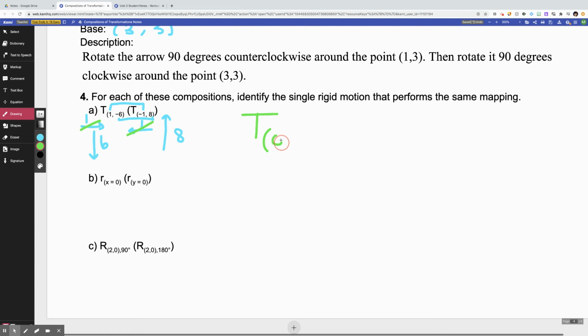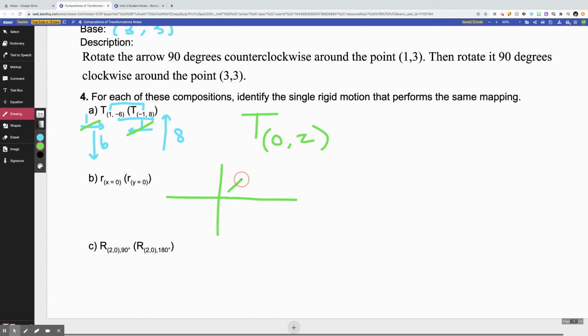If I go 8 spaces up and then 6 spaces down, I've really only gone 2 spaces up. So I could do this double translation in one move by just moving the figure, whatever it is, 2 units up.